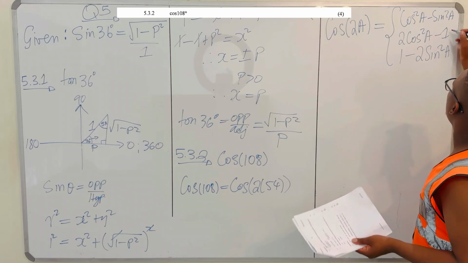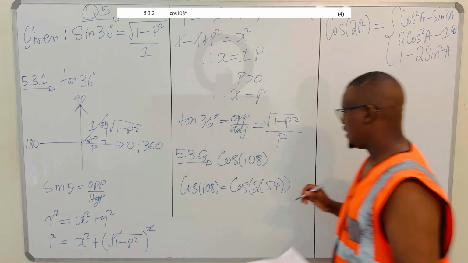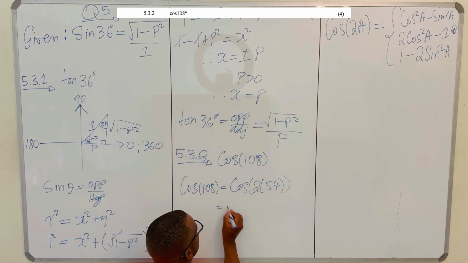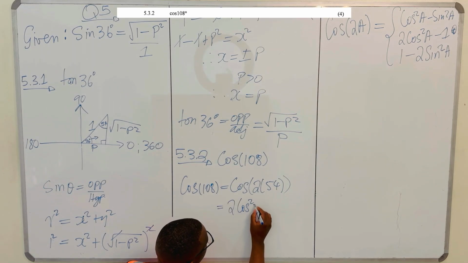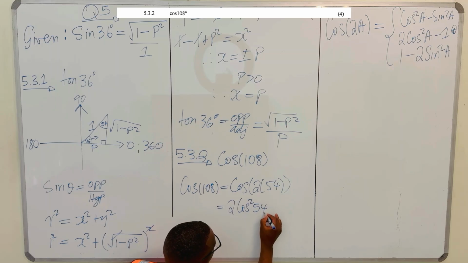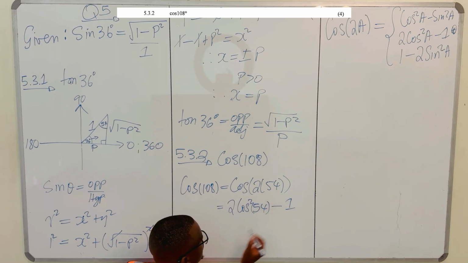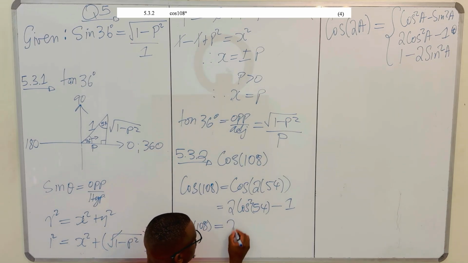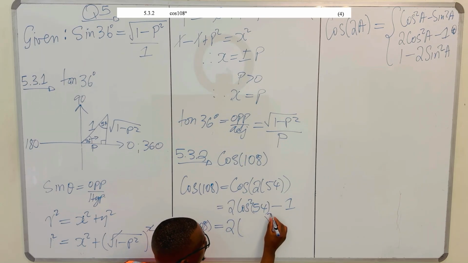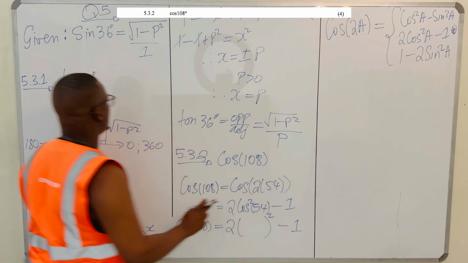In any case, I'll take this one myself and say this is equal to 2 cos squared 54, because my angle is 54, minus 1. So cos 108 is equal to 2 times cos 54 all squared minus 1. What is cos 54? Go to a triangle.